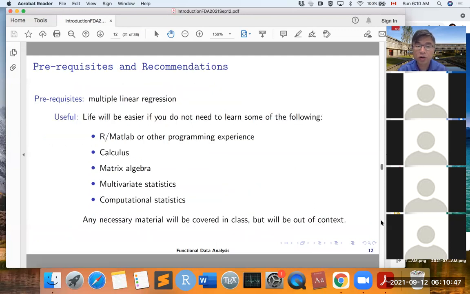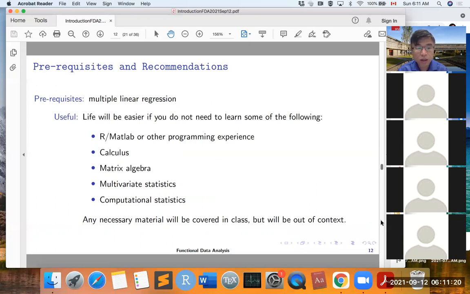This short course has very minimal requirements. As long as you know multiple linear regression, you should be able to understand what I talk about. Another beauty of functional data analysis is that it's very easy to start research, as it has a very close connection with multiple linear regression.